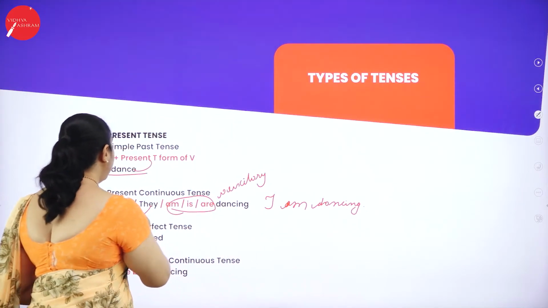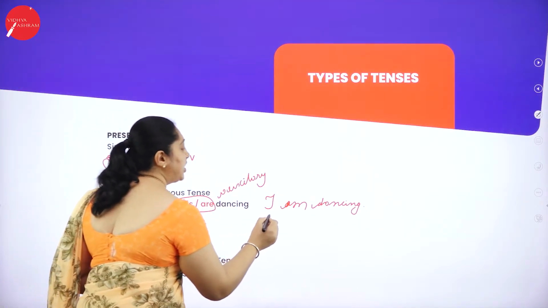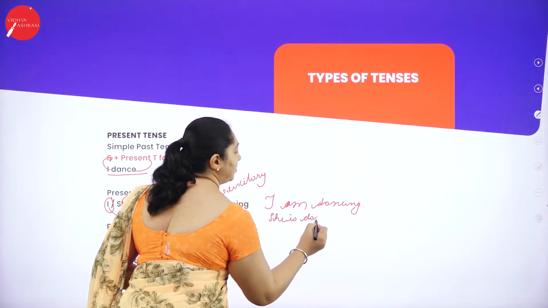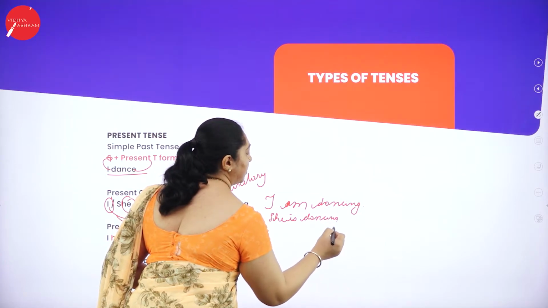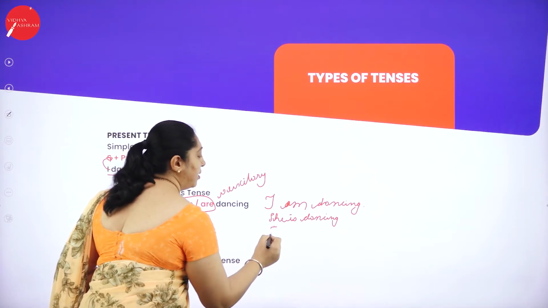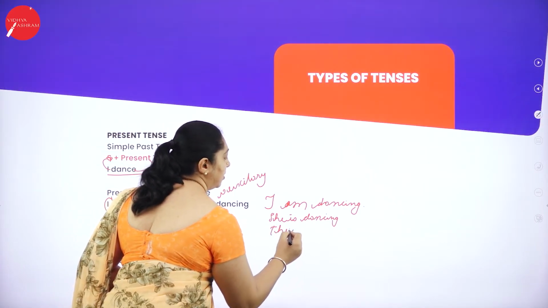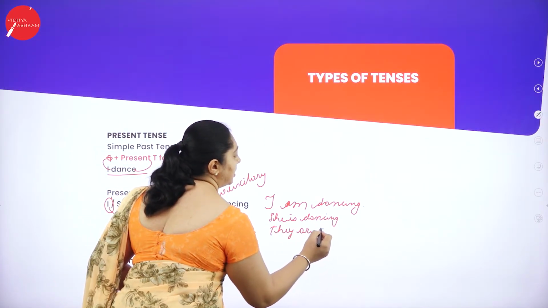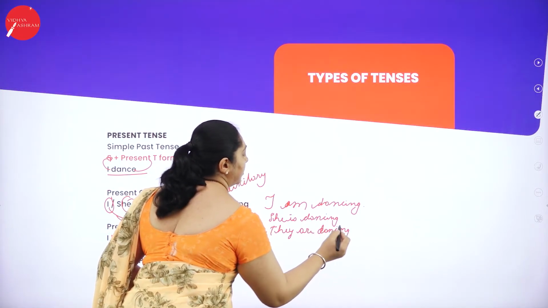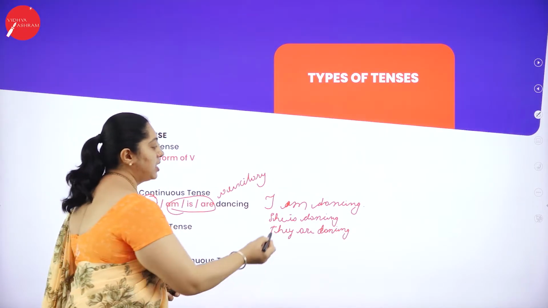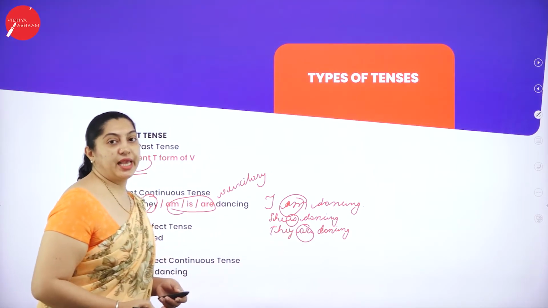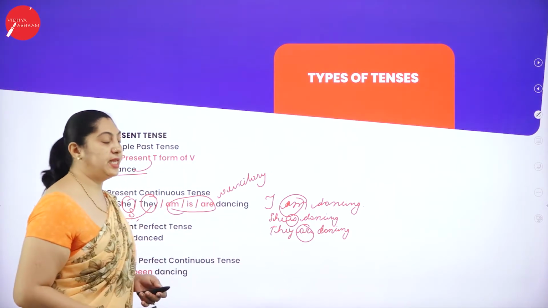If I take the word she, it will be she is dancing. They are dancing. Got it? See here, the auxiliary verb is changed in all the 3 sentences.